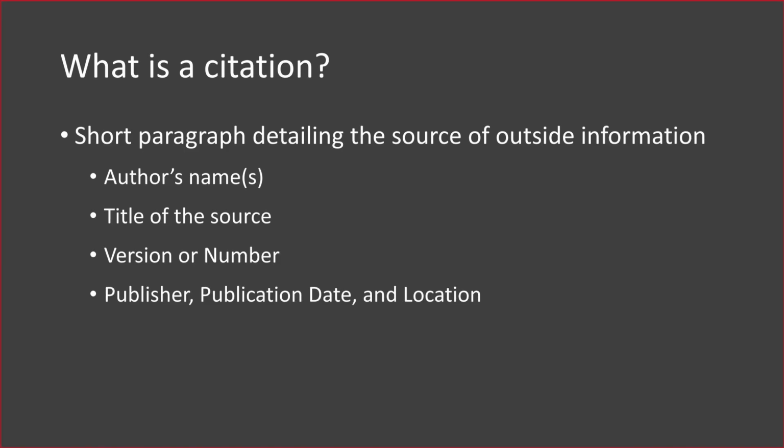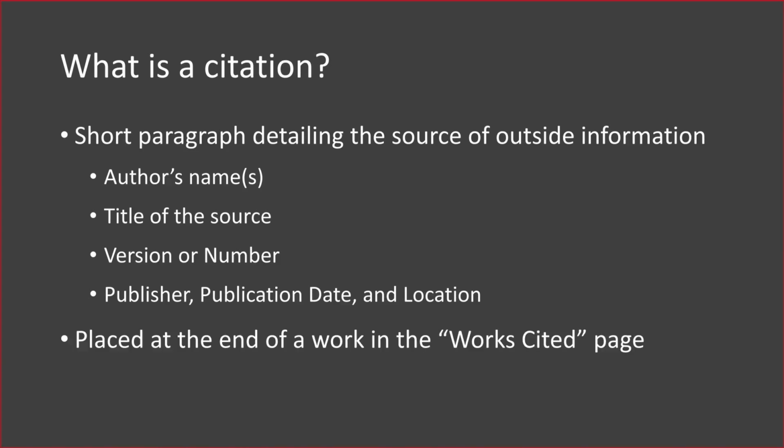Now there's additional things you might need in a citation sometimes, but that's going to depend on the type of citation, and that really gets into the weeds, and I'll give you a better way to make citations without having to worry about all those minor details. And then your citations are all placed at the end of your essay or your work in the works cited page.